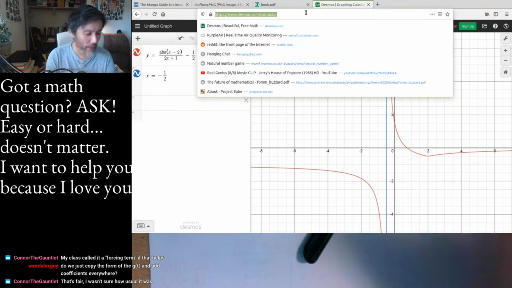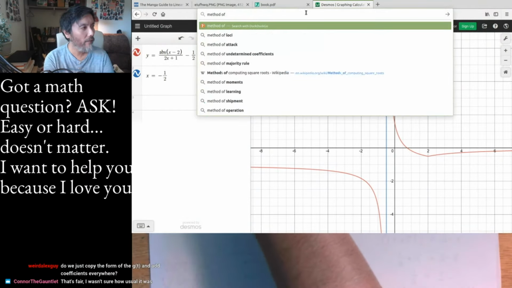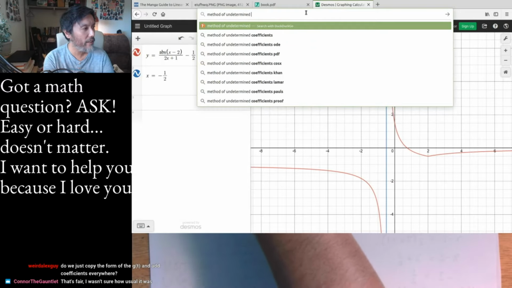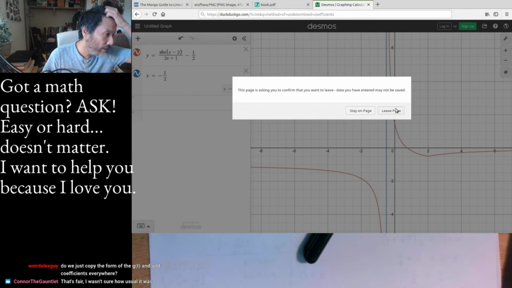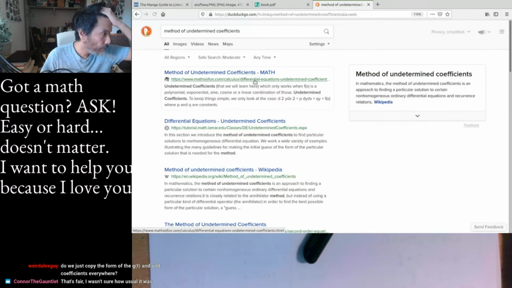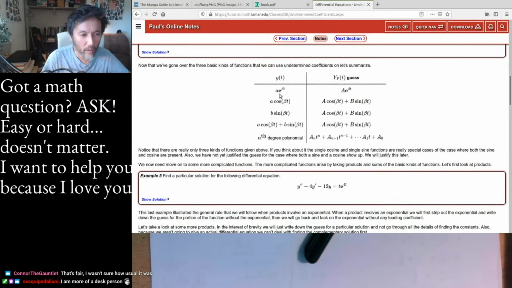If I search method of undetermined coefficients, there's guidance out there, in other words, a table. That if g of t has these particular forms, these are the guesses that you should make about the form of the particular solution.